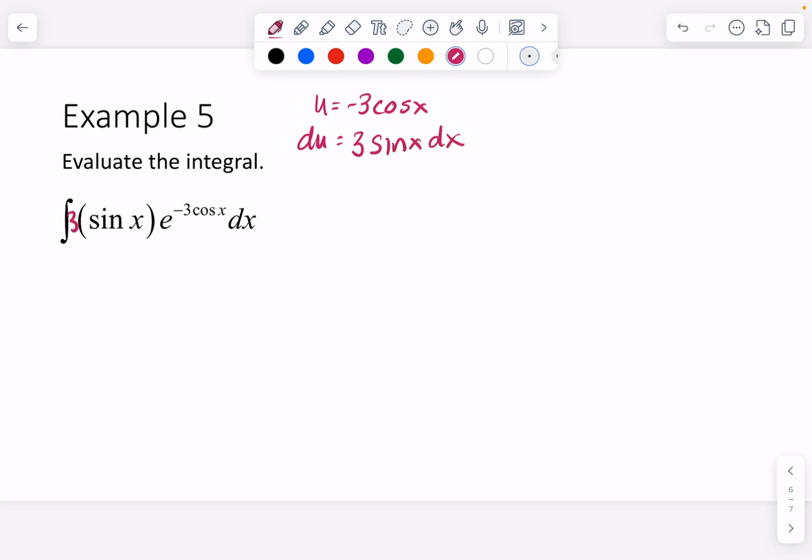Okay, I just need a 3 inside, 1/3 outside, 1/3 integral of e to the u du. So that's 1/3 e to the u. That's always my favorite integral. Plus c. So that was one that, quite honestly, we've seen before. I'd expect you to be able to do that one at this point.